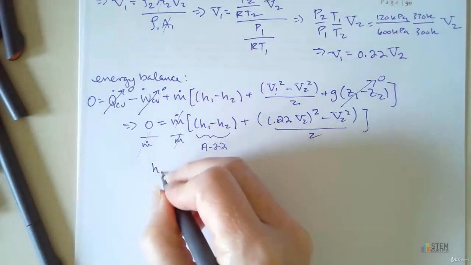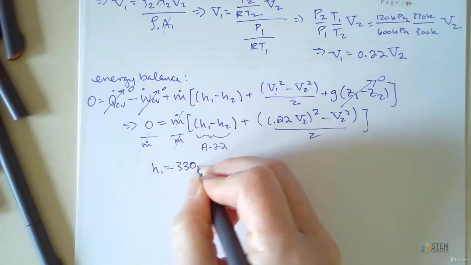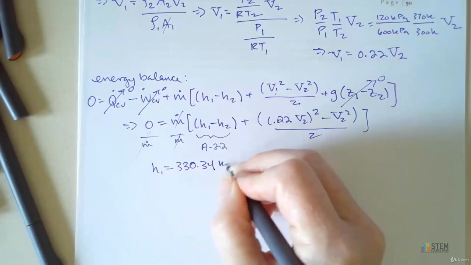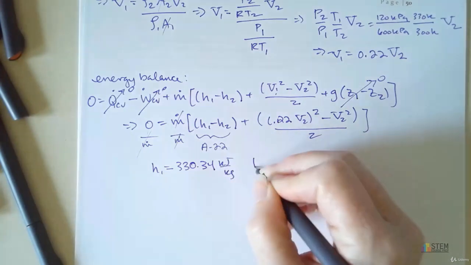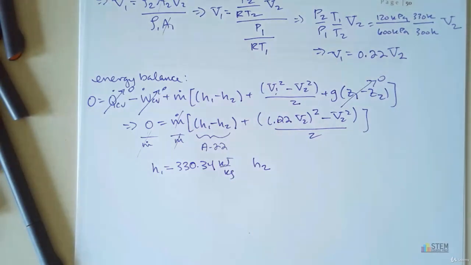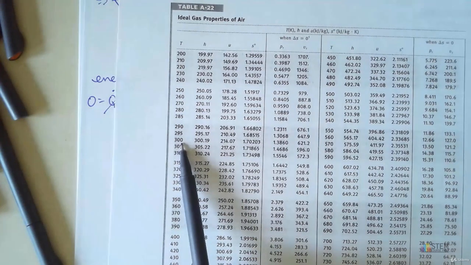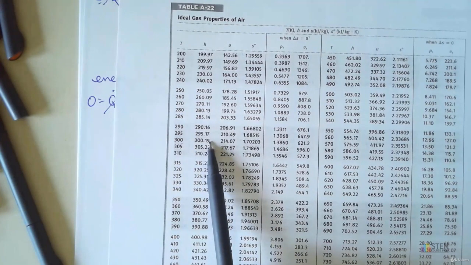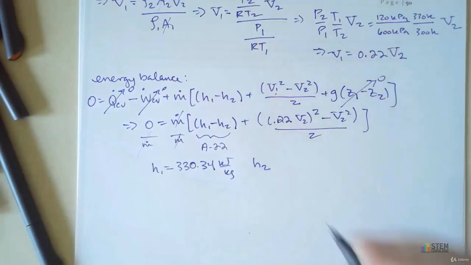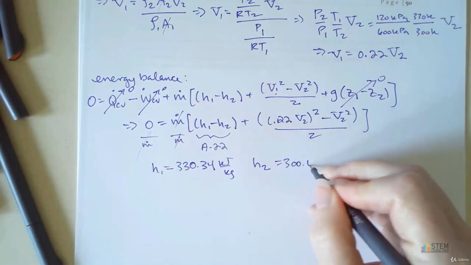So let's write that number down. And that's kilojoules per kilogram. We do the same thing at h2. So there, the temperature is 300. So at 300, we have 300.19. So we write that number down.